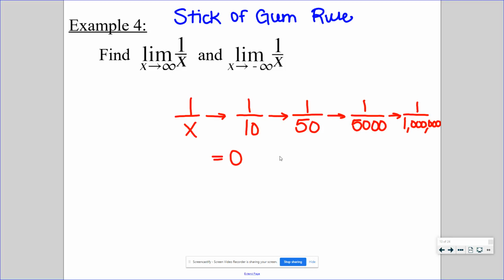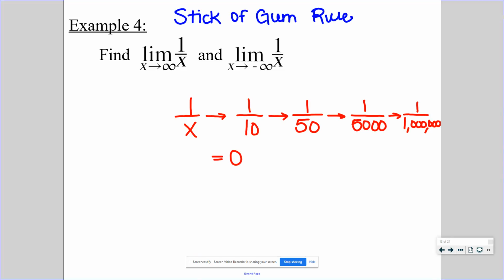So we call this the stick of gum rule because it's a trick. If you can remember this little thought process, it's a trick that helps you with a lot of limit computations when you're taking the limit as you go to infinity, okay?